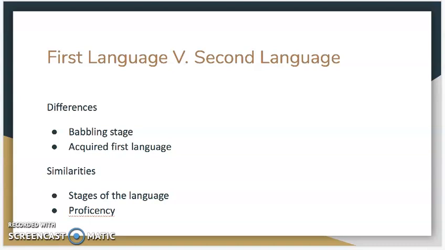Even though the stages are different, in both learning a first and second language, you go through the stages. Another similarity in learning a first and second language is that you will never 100% master the skills of the language. You are always learning and expanding your vocabulary every day.